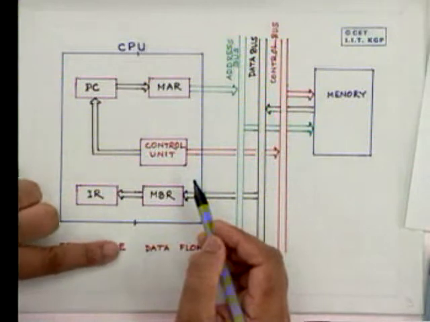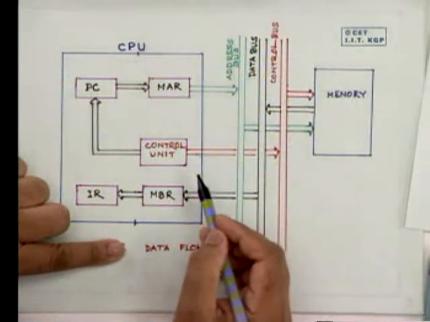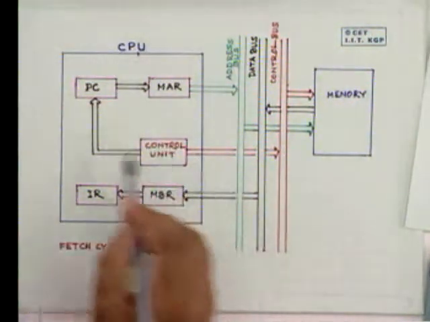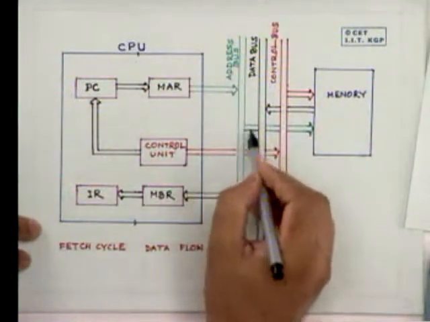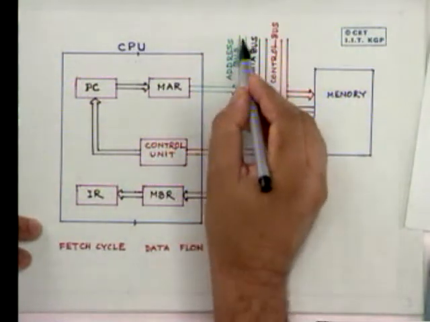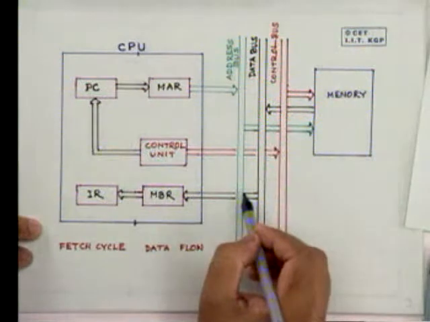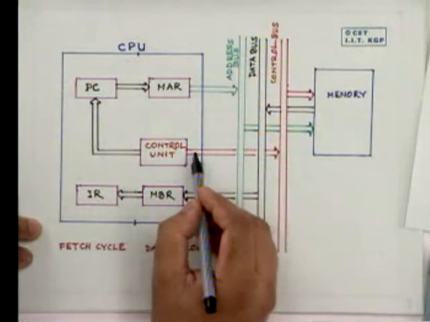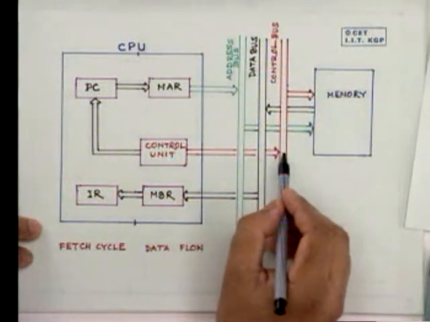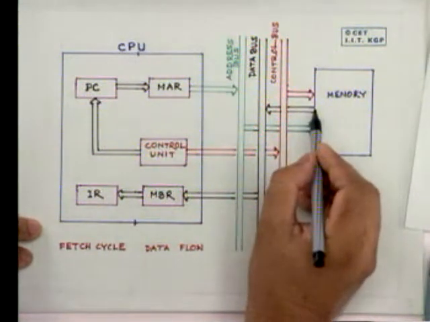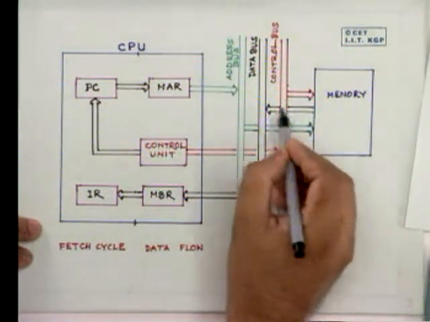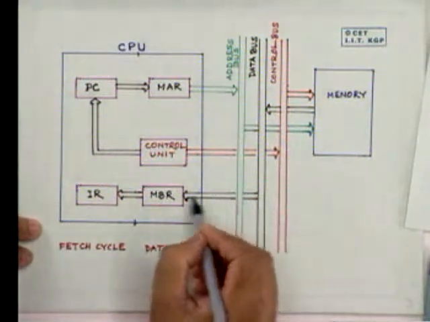It is not an instruction fetch cycle, it is essentially an operand cycle. That address now is thrown to the address bus. A memory read operation is initiated. Memory reads the content of the memory location lock and sends it to MBR.